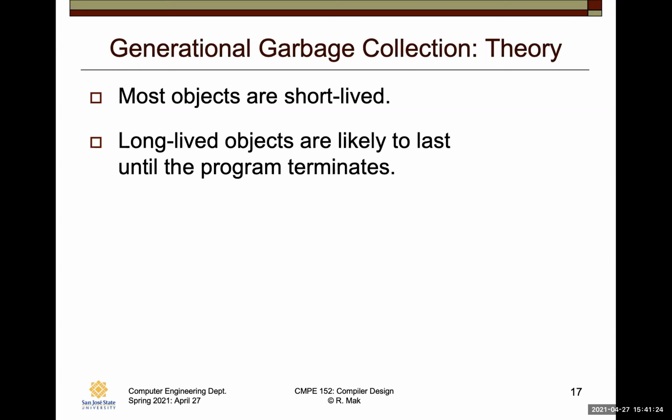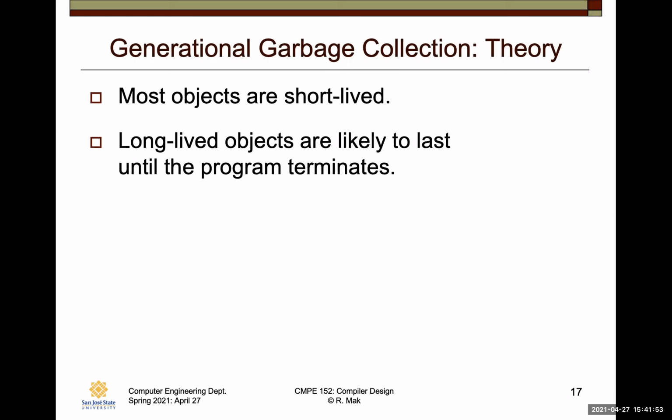Okay, so here's the idea: most objects that you create in a program are short-lived, right? Your program's executing, and you create an object, and it lasts for a little while, and then you don't use that object anymore. Okay. Now the long-lived objects, the ones that are not short-lived, well, they tend to last until the program terminates.